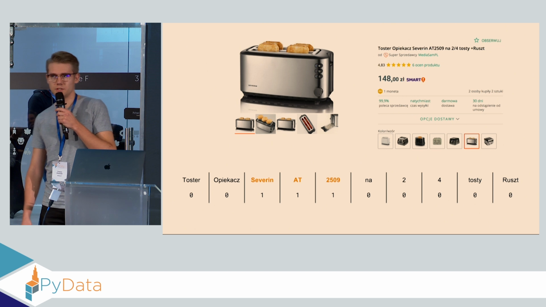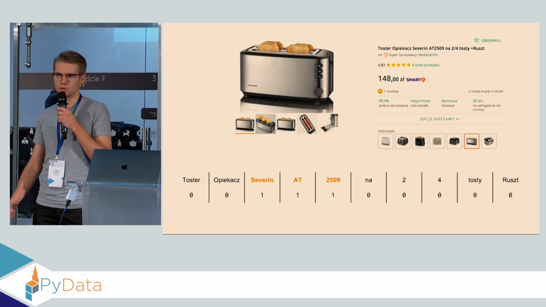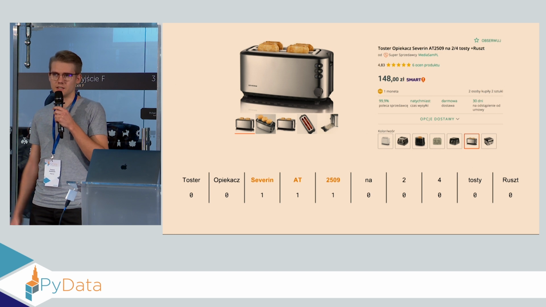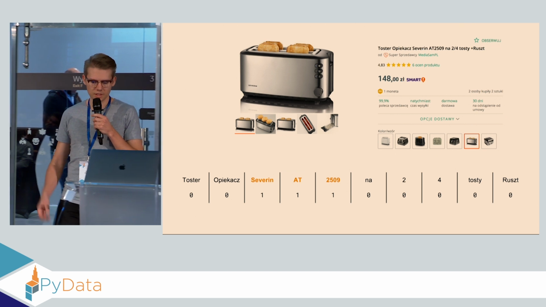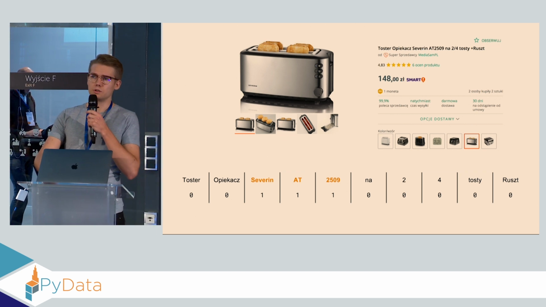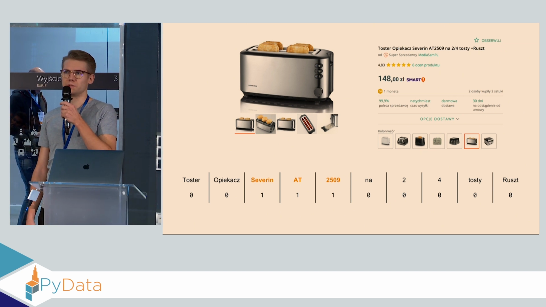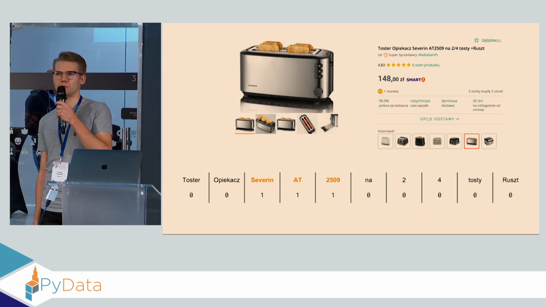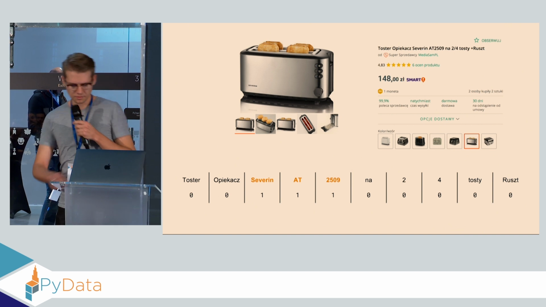So this is something that we want to predict. Taking some offer name, we want to assign these values to particular words and then get the product name this way. Sorry for this being in Polish, but it's actually a screenshot from the website, and you can see the product name here is already quite noisy.